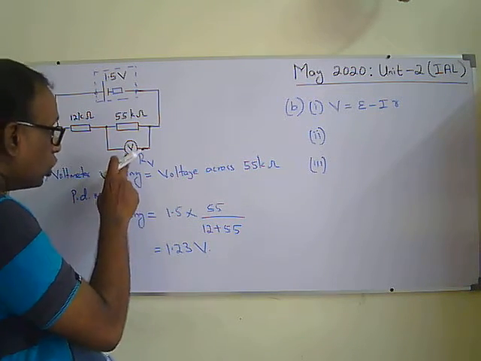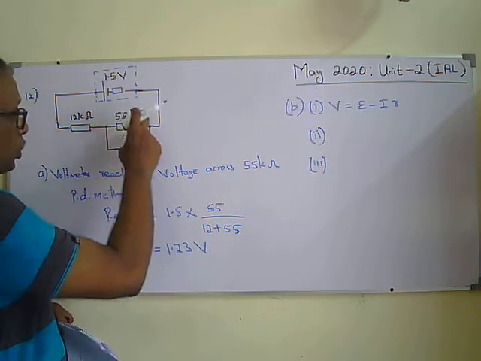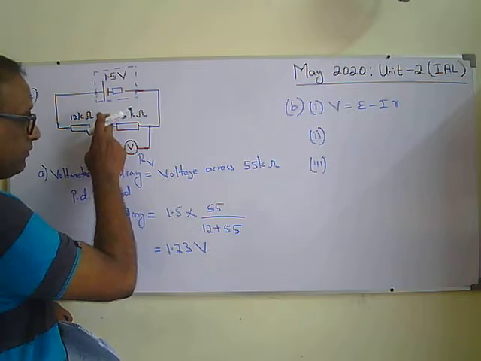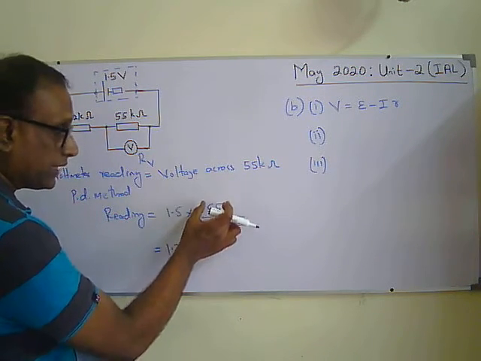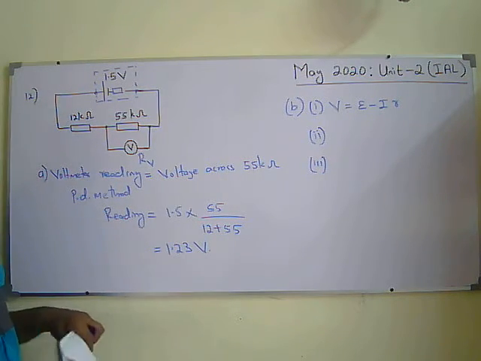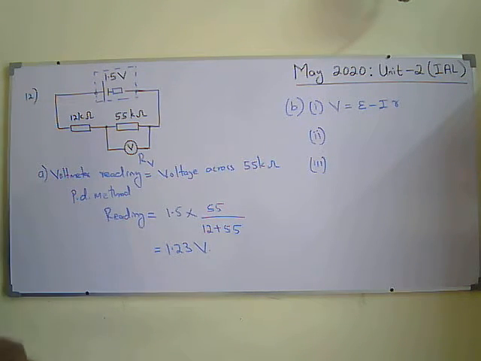So the total resistance of this combination will be smaller than 55. Here I should not use 55, I should use a value smaller than 55, and then the reading will be lower. That also you can say. So there are three reasons, and any two reasons with explanation will do.